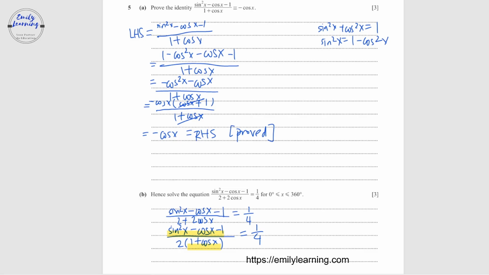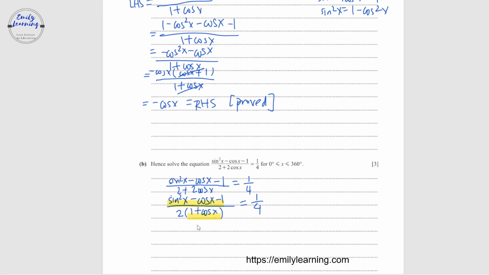This is essentially minus cosine x. So I'll write this as minus cosine x over 2. So I know that cosine x equals 1/4 divided by negative half, which is essentially negative half.